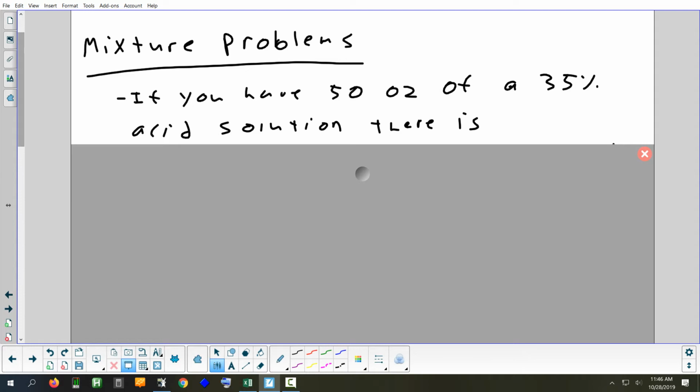If I said to you, in front of you, you have 50 ounces of liquid. Out of those 50 ounces, 35% is acid. So your solution strength is a 35% acid solution. How would you figure out how many ounces are actually acid if only 35% out of the 50 are acid?